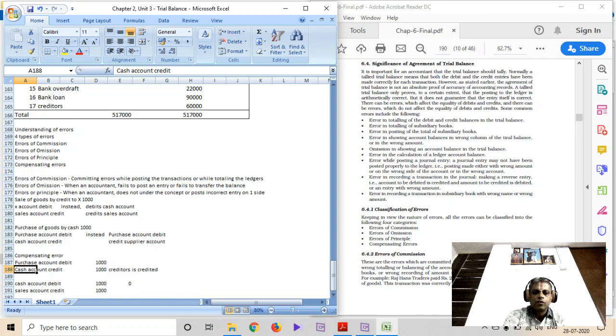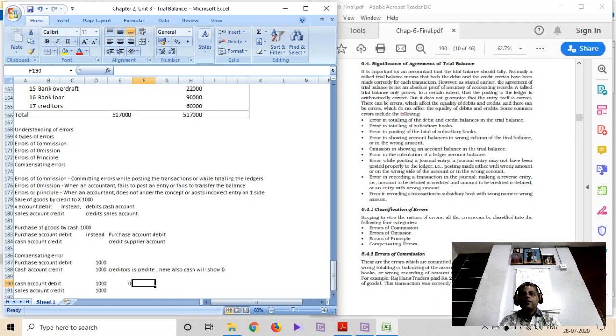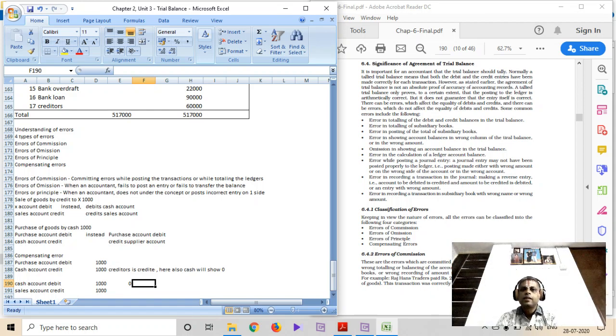So cash will show 0 here, and in this case also cash will show 0. So it is compensating. When you look into the books of accounts, will the cash balance match the actual balance of cash? No, because two sets of transactions related to cash were not posted. So one debit and one credit are compensating for each other.